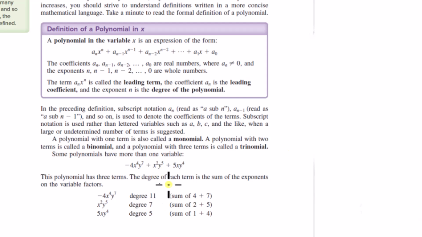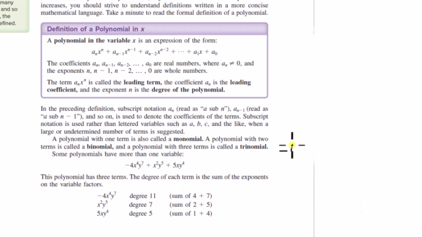Okay, this term here. The way you do it is you just add up the degrees of each of the variables. So this whole term would have a degree of 11. Then this next term would have a degree of 7. This next term would have a degree of 5, and so they put it in descending order of degree.